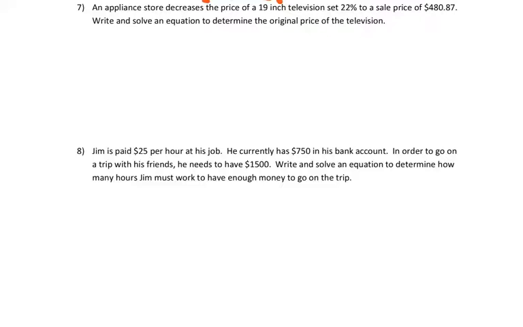So the first thing that you have to realize is that they are decreasing the cost by 22%, which means that we have to pay 78% of the original price.